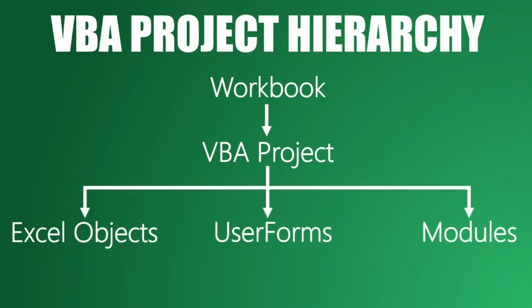They're made up of Excel objects, that's going to be your worksheets and your chart sheets and things like that. User forms, where you can actually create little visual forms for users to input information into. You don't necessarily have to work with the data on the worksheet. You can create user forms, which will work like an input sheet. And then the modules. That is where your macros will live.